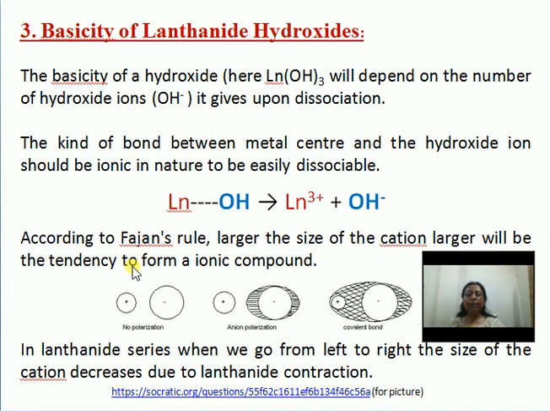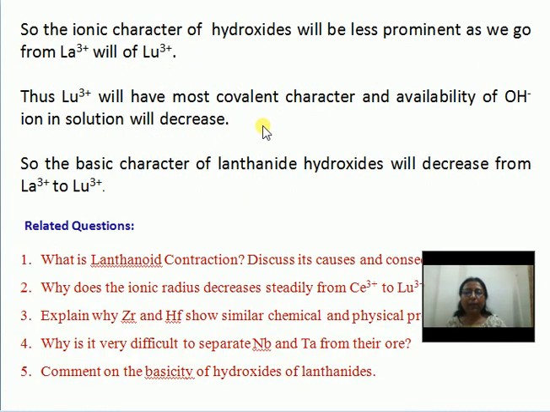So the dissociation of this bond will be difficult, and the result will be that the basicity of the lanthanide hydroxide will decrease as we go from left to right. So now you will be able to tell why the basicity of the lanthanide hydroxide decreases from lanthanum 3+ to lutetium 3+.